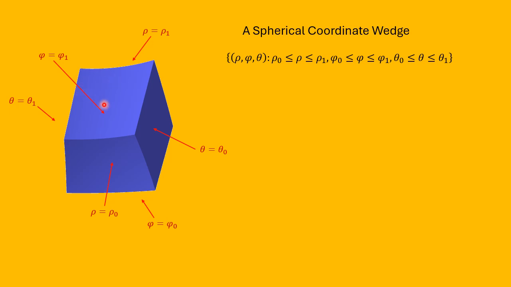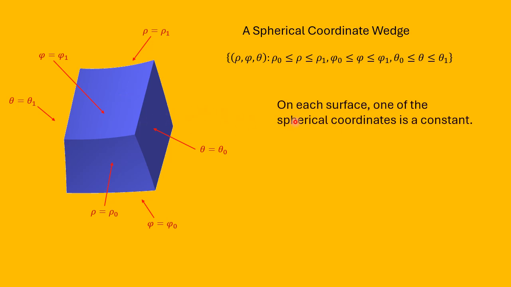The top surface here is going to be a surface, all of whose points satisfy phi equals phi sub 1, and the bottom one, which once again we can't see, is going to be phi equals phi sub naught. So we're looking basically at 4 different surfaces, and parts of those surfaces in three-dimensional space are parts of this wedge.